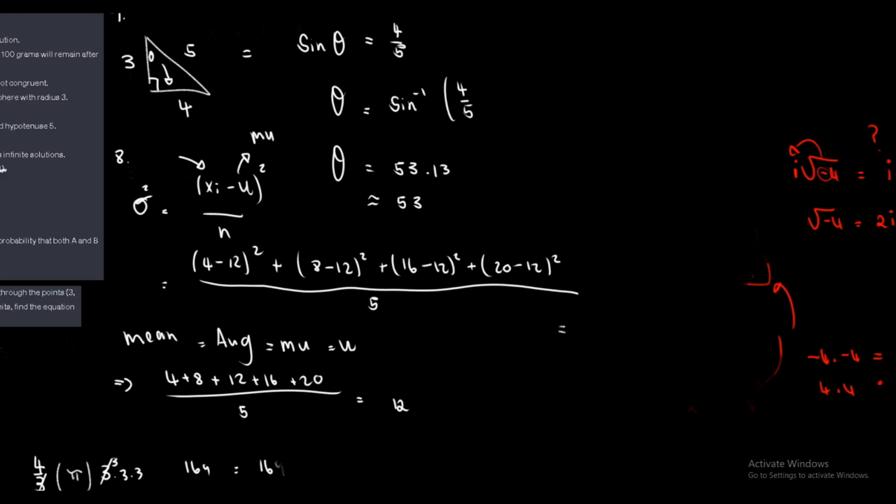So it gives me 32. And then we want to find the square root of 32. Since I have sigma squared, I'm going to square root both sides. So we find the square root of 32. That gives me a standard deviation of 5.65. Okay, so we found our standard deviation of 5.65.